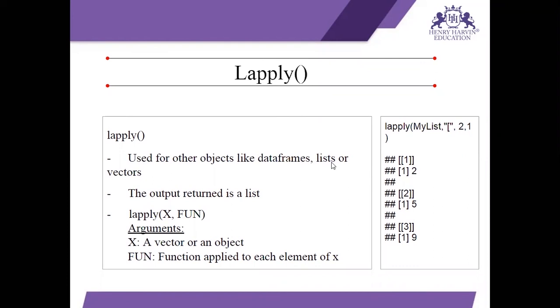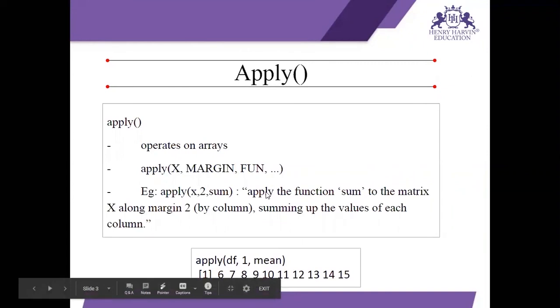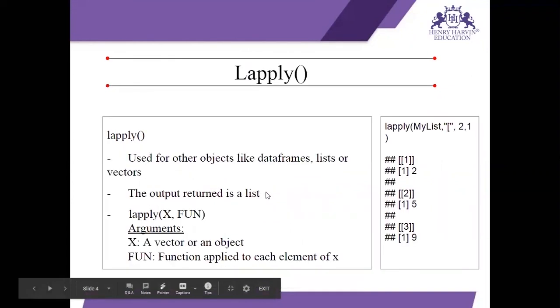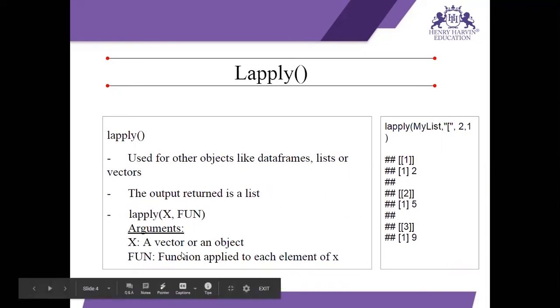The data structures it takes are data frames, lists and vectors, and it returns a list. Earlier, apply was returning both vectors and lists, but in lapply the return will only be in the form of a list. The function is lapply, within the brackets x and FUN. Let's understand the function.